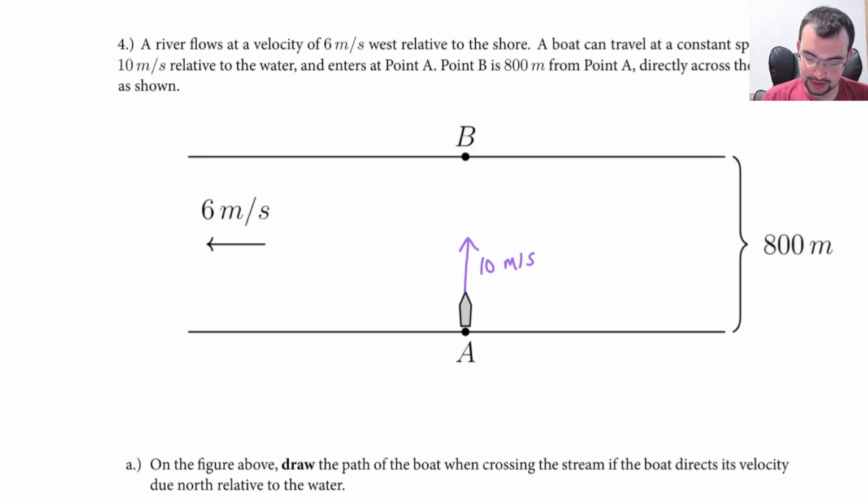And these will add as vectors. So my velocity won't be 10 meters per second due north because I forgot about the river. So the river also sends me a bit west. So this would not get me to point B because this would send my velocity at some sort of an angle. So I wouldn't be moving in a straight line because I'm not changing my speed or direction, but it's not where I want to go.